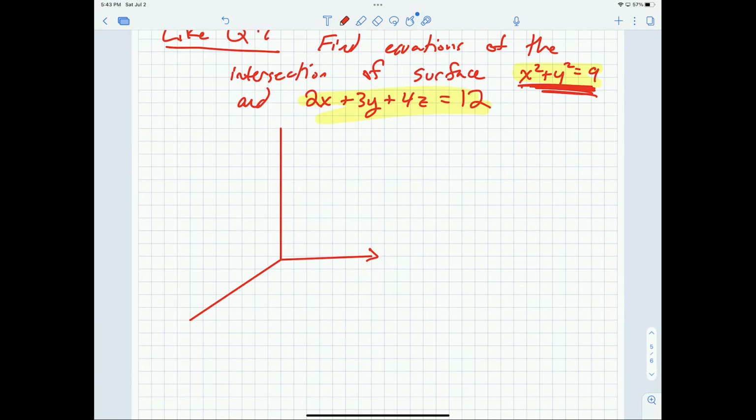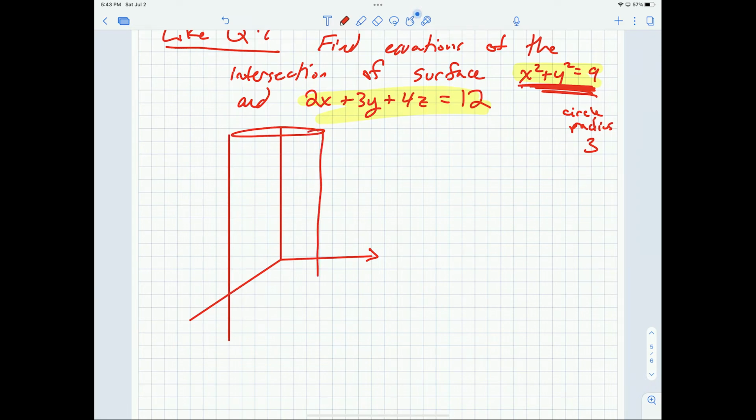Remember, x squared plus y squared is like r squared. So this is really just a circle with radius 3. But since z could be anything, it's going to be a cylinder, because it's a circle that's been extended along the z-axis as far as you want.